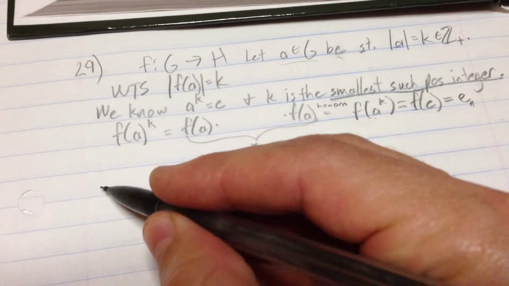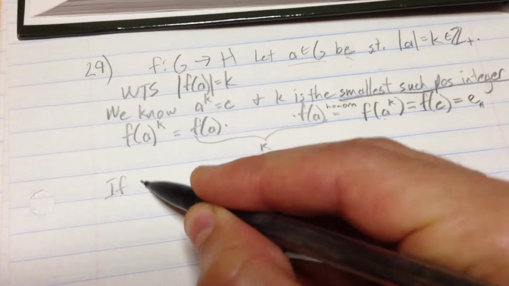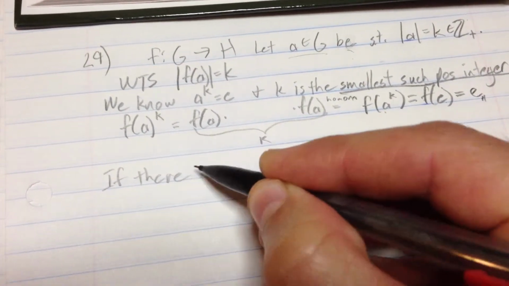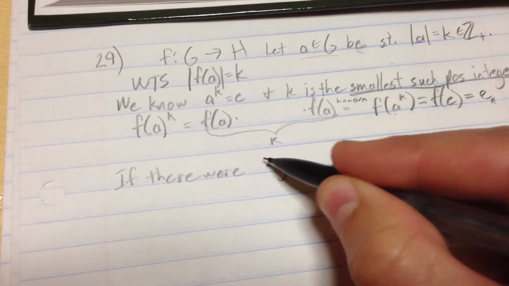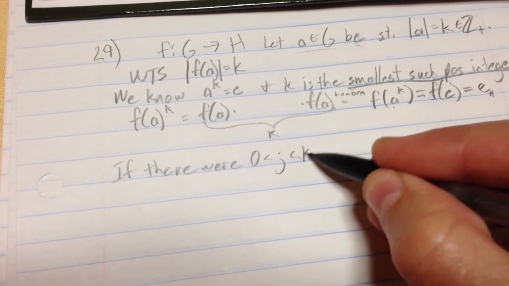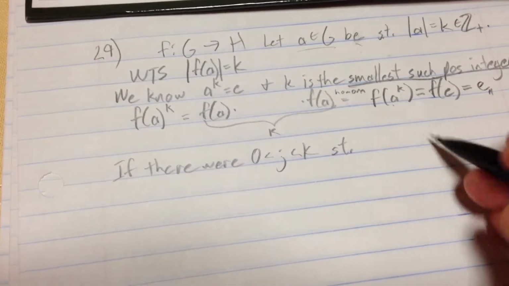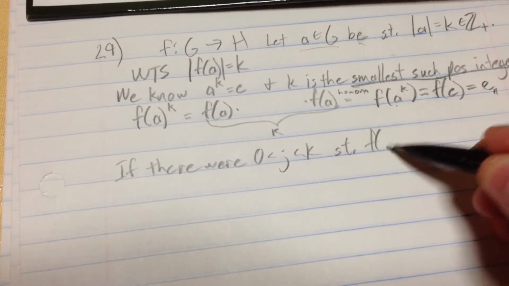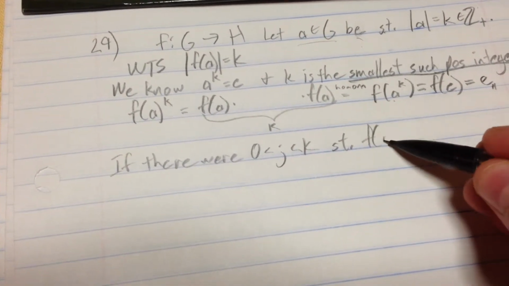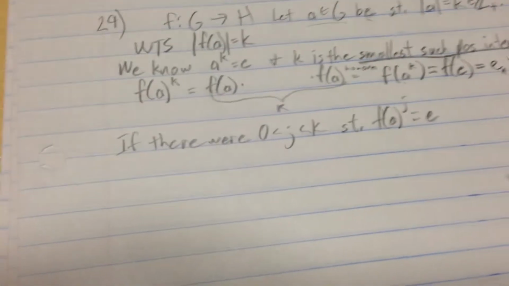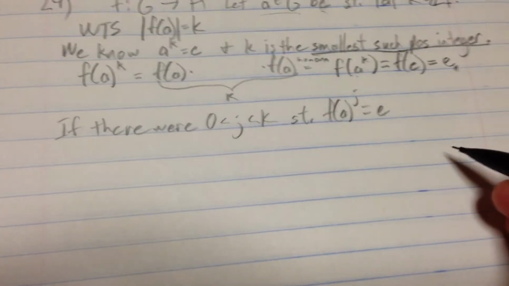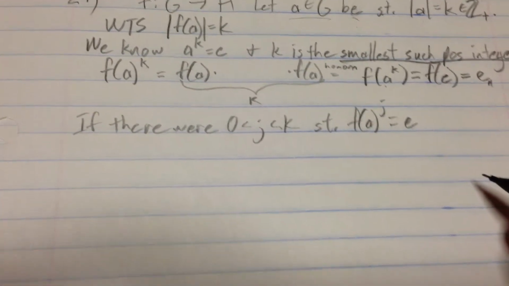Well, here's how you do that. You say, if there were J bigger than 0 but less than K, such that f of A to the J equals the identity, well, what then could we do?